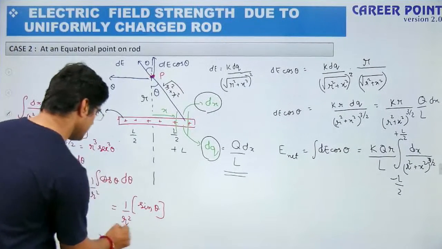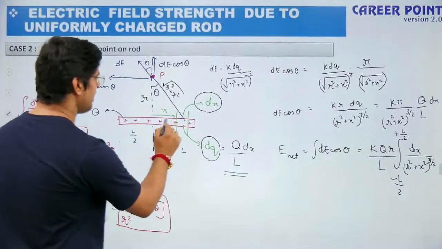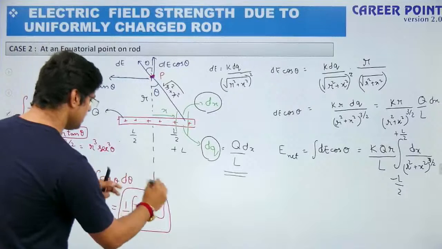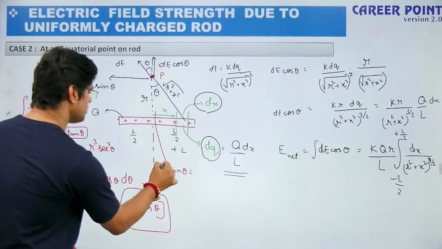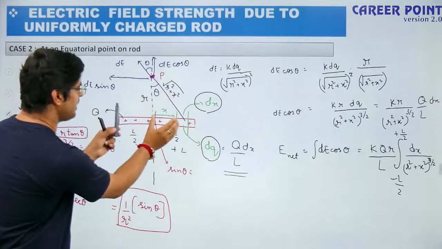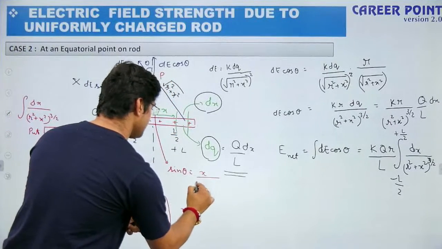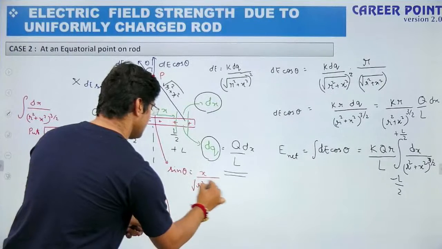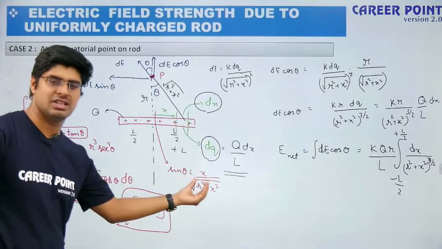So using this, if I already know cos theta for this triangle, I can mention sin theta as well. Sin theta for this triangle is perpendicular, that is x, divided by hypotenuse. So x divided by under root of r square plus x square. So this is our value of sin theta.